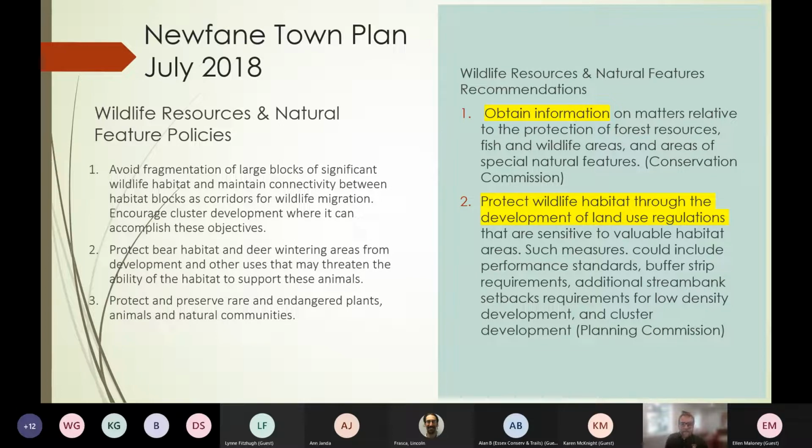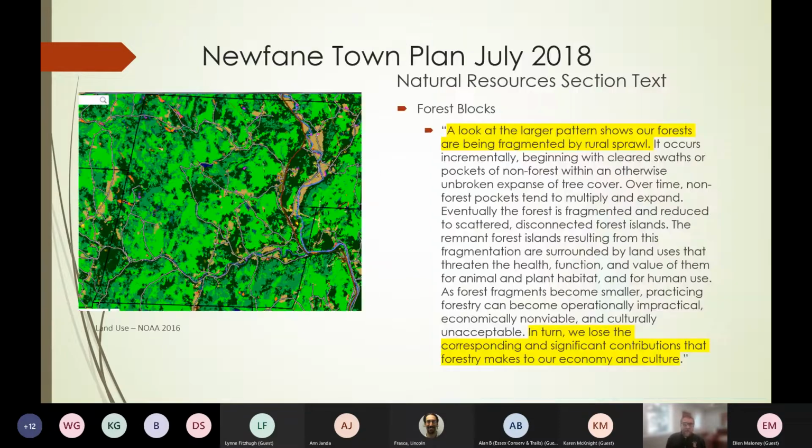So here in the wildlife resources section, you can see that they're talking about avoiding fragmentation of large blocks and maintaining the connectivity between those blocks. And then they call for encouraging clustering of development and protecting this habitat through development of land use regulations. In the forest block section, they get into talking about the larger pattern of forest fragmentation and how rural sprawl is really driving that.